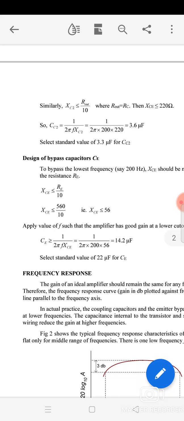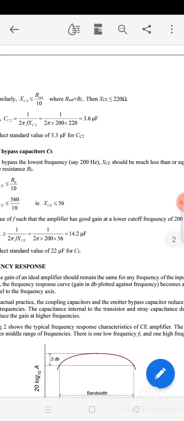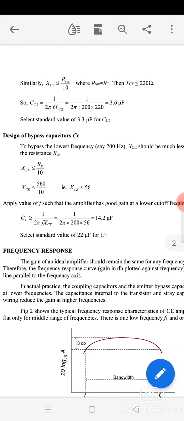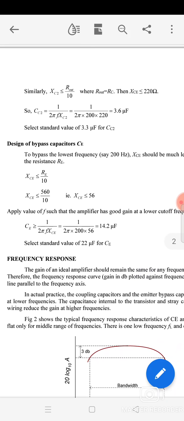Apply the value of F such that the amplifier has good gain at the lower frequency of 20 Hz. So with those values, the emitter bypass capacitor is 14.2 microfarad, and the standard value 22 microfarad is better for that amplification operation without any losses or disturbances.